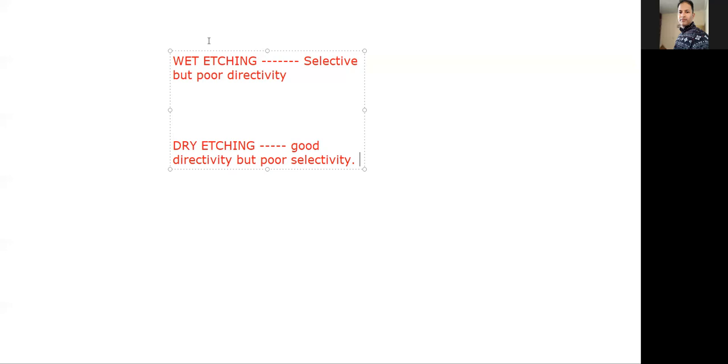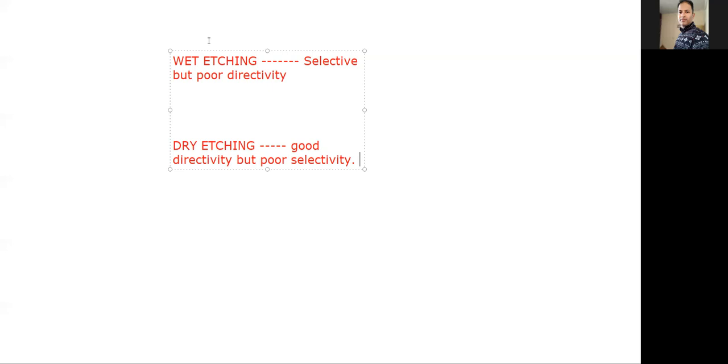Whereas in dry etching, you use plasma or sputtering, so basically you are doing bombarding. When you do bombarding, it will happen in the vertical direction, so material will be removed wherever those ions or bombarding entities could strike the surface. But it is not selective.